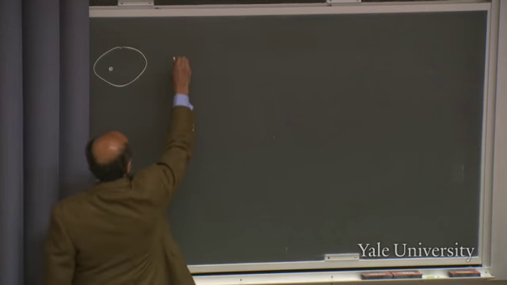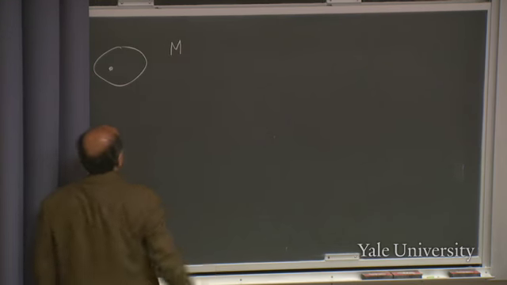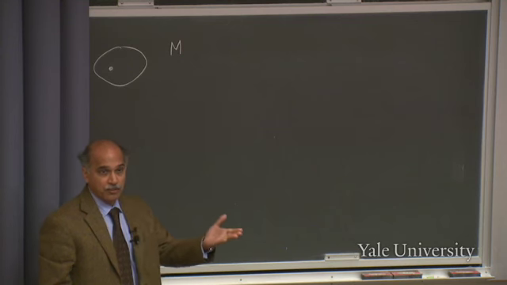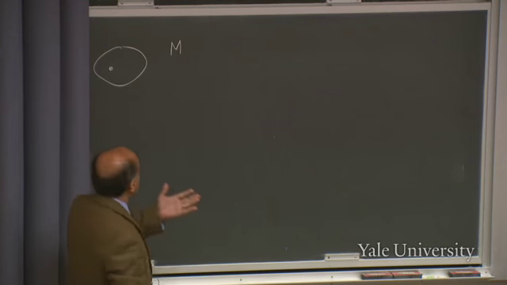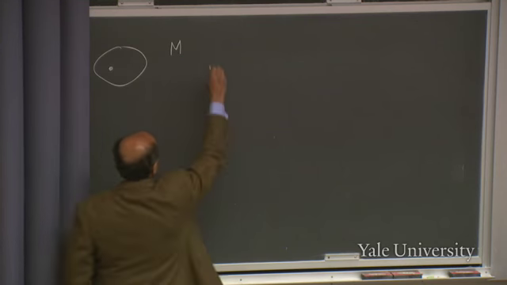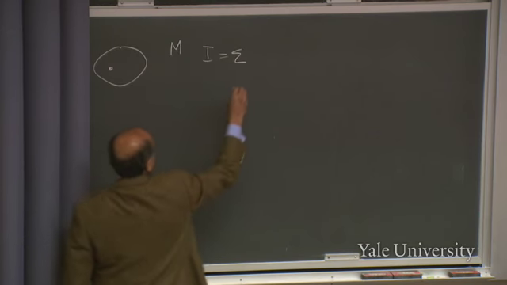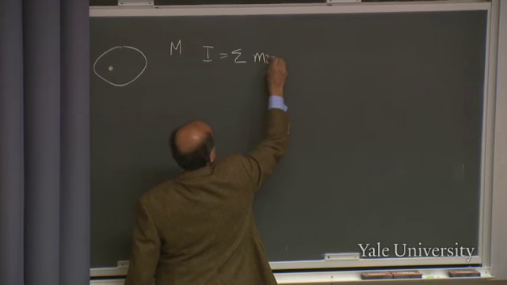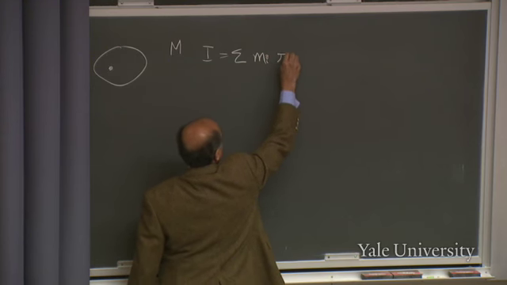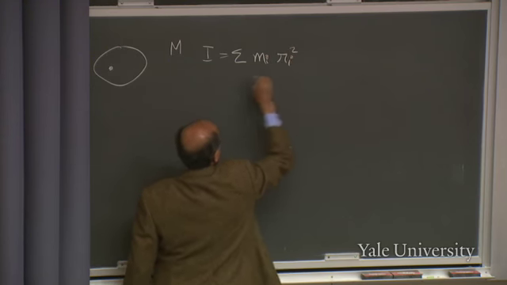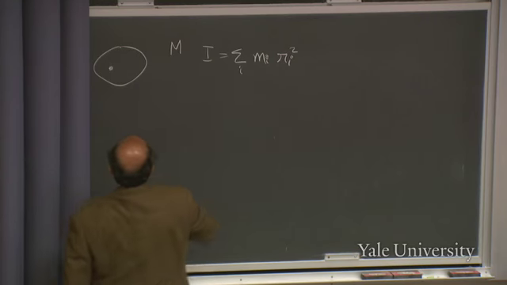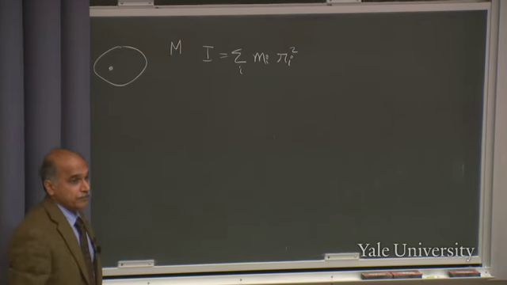First of all, the body has a mass m, which is the simple thing. You put it on a weighing machine, that's the mass. Then it has a moment of inertia, which if the body were made of a discrete set of points, would be the mass of each point, m sub i, times the square of its distance from the point of rotation.